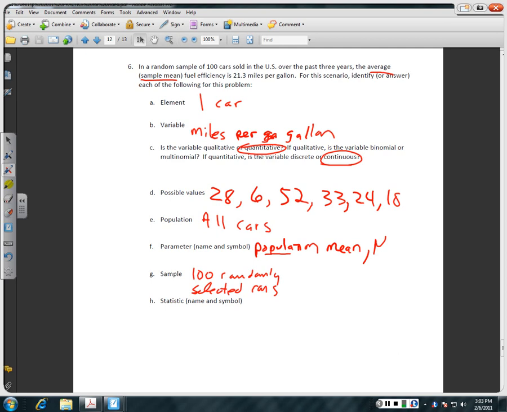The statistic then, start with the word sample anytime you're asked to identify a statistic, and then we're talking about the sample mean, that's x bar. In fact, we could even give a number on it in this particular problem. It's 21.3. You don't have to do that to answer the question I have here, but that's what it is.